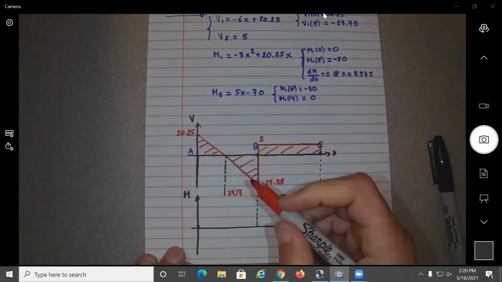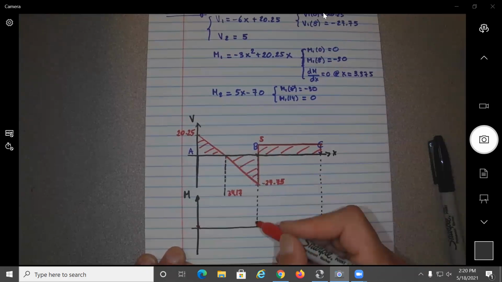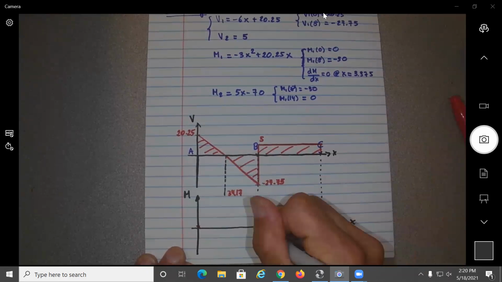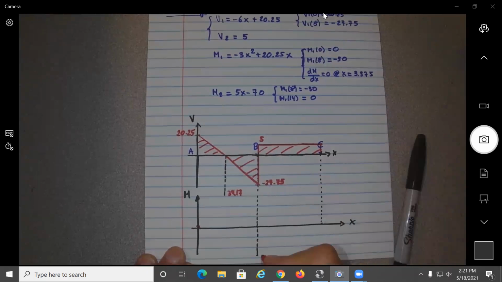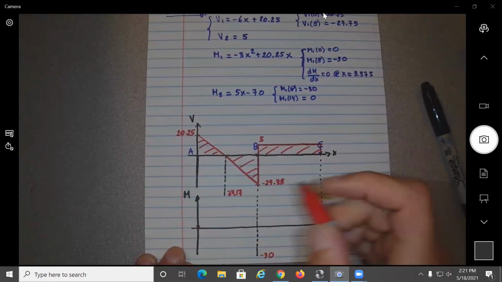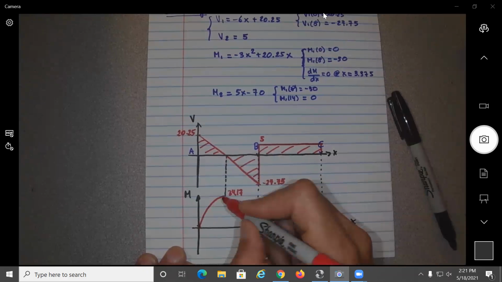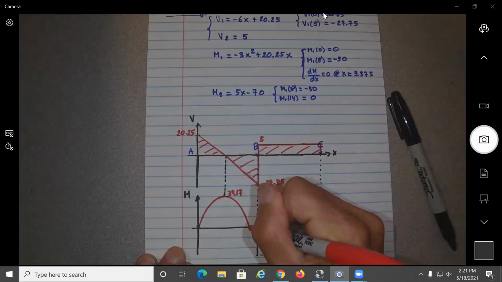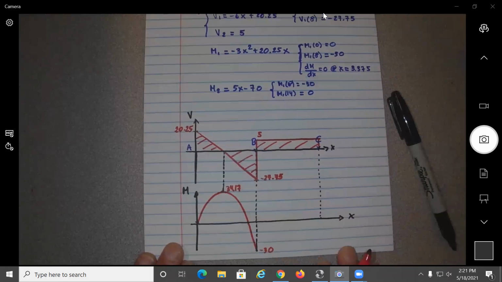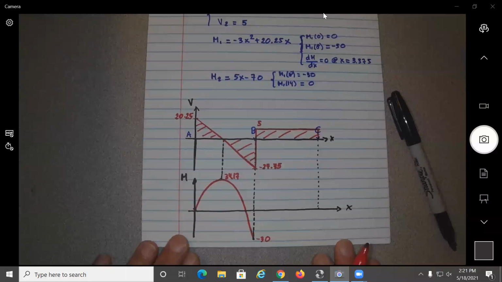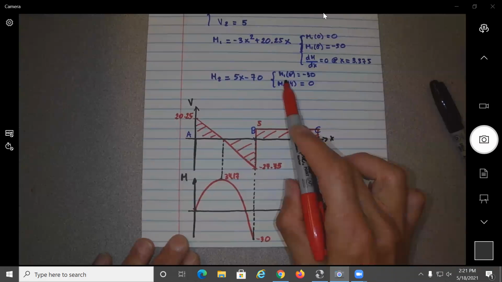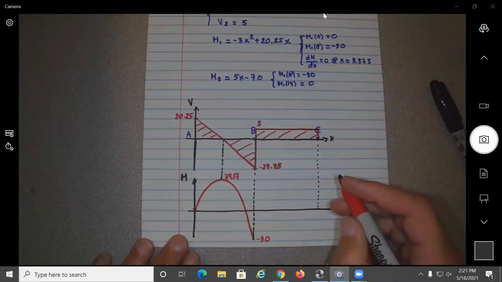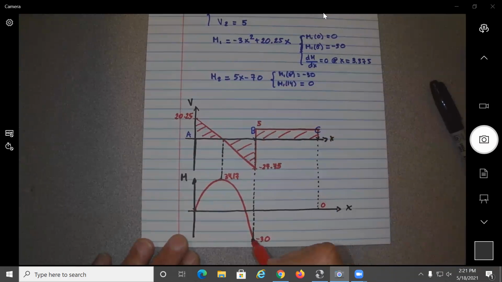So basically we're going to go from 0 here to minus 30 over here, so we'll have probably something like this. And then M2 is a straight line. M2 of 0 is minus 30, and we need to go up to here to 0. So from here to here, we should have a straight line.